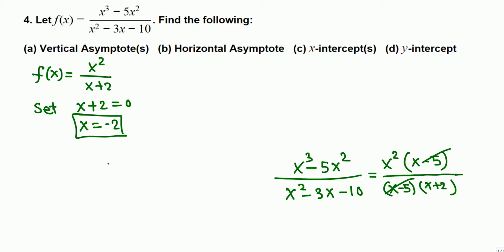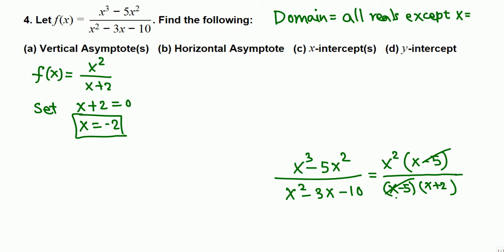The domain is not asked, but let me write down the domain here. The domain would be all the reals except the x values that make the bottom 0. And when we find the domain, don't cancel first. The bottom is x minus 5 times x plus 2.